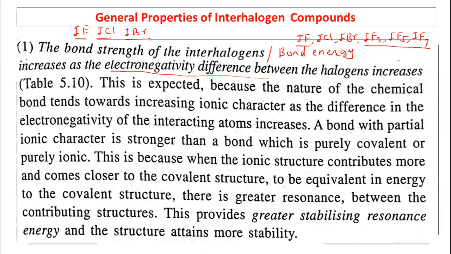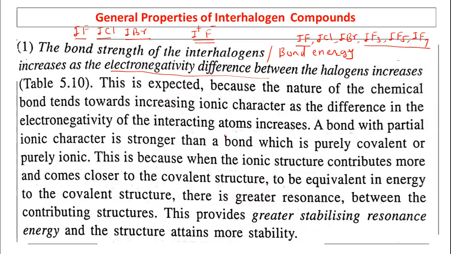Fluorine is the most electronegative element and iodine is the less electronegative element. So as the electronegativity difference is larger, the extent of ionic character between iodine and fluorine will be larger. Iodine carries a positive charge and fluorine carries a negative charge. So the bond strength depends upon the electronegativity difference between the two halogen elements.